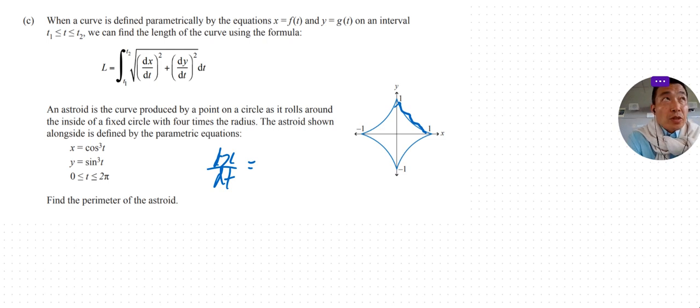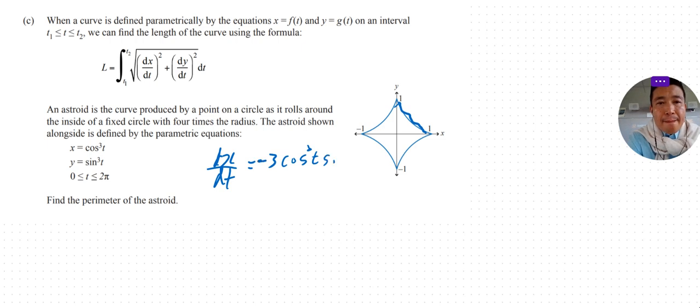This is the moment that you use the chain rule, isn't it? Cosine t cubed, meaning 3. So I differentiate the outer function, 3 cosine squared t, and then times by the inner function. When you differentiate cosine t, what do you get?